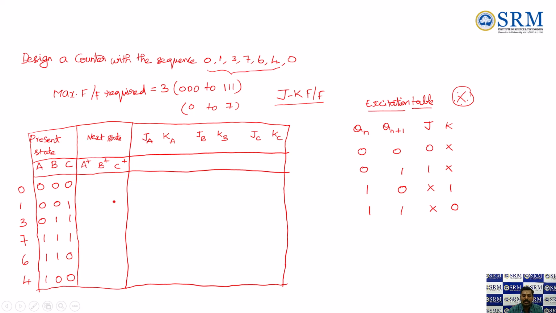Right. Now we are going to write the next state for the given sequence. So you can see here, I will write in some other color.